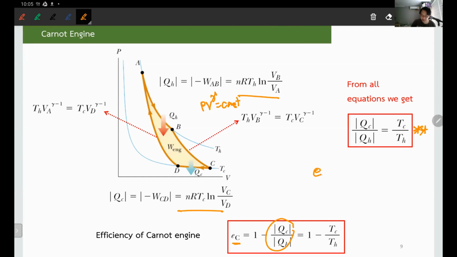Well, the efficiency E_C is going to equal 1 when T_C is 0, absolute 0 degrees Kelvin. That's when you're going to get the perfect 100% efficient engine, which is impossible, of course. We already know that. This is an unattainable temperature, so that is once again guaranteed. There is no 100% efficient engine in this universe.